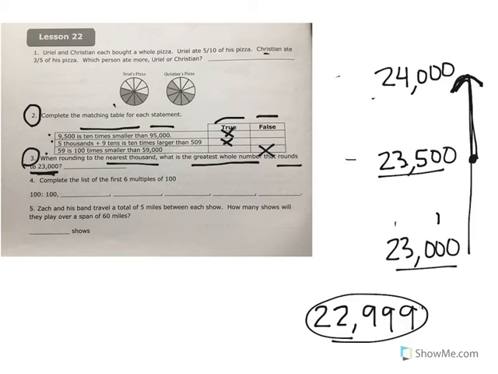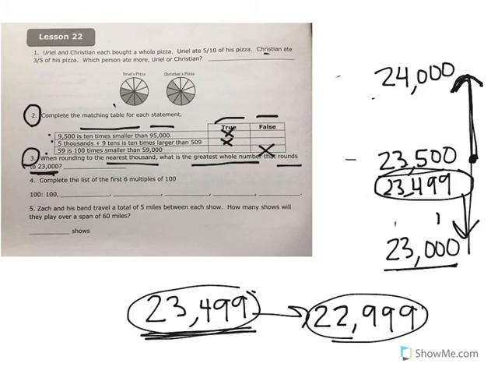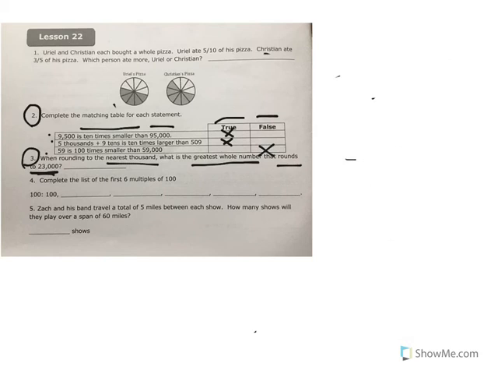So right below 23,500 is 23,499. So this would be the biggest possible number that we would round down, in this case, to 23,000. So 23,499 is actually bigger than this number. So this is the greatest whole number that would round to 23,000. It would be 23,499.